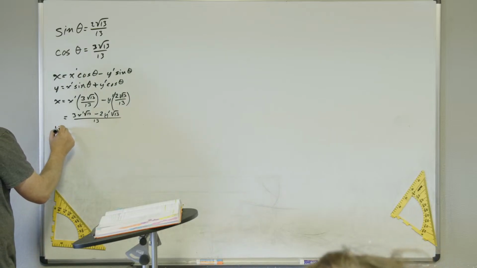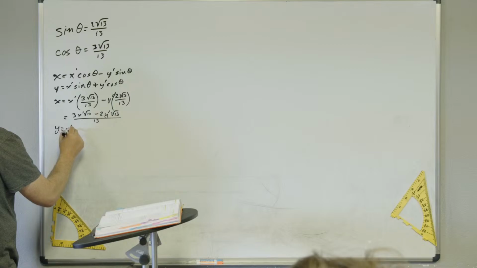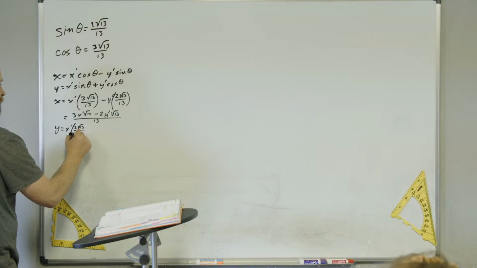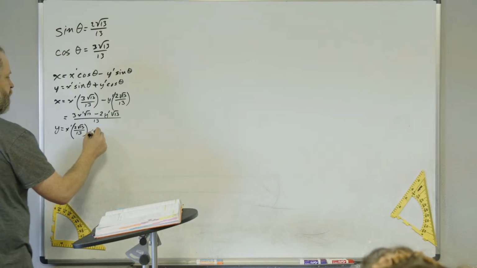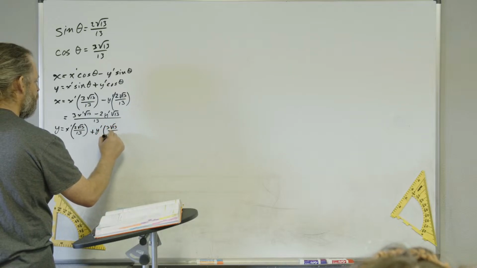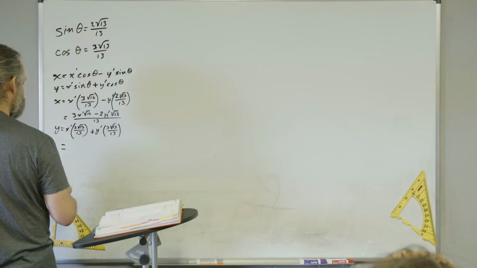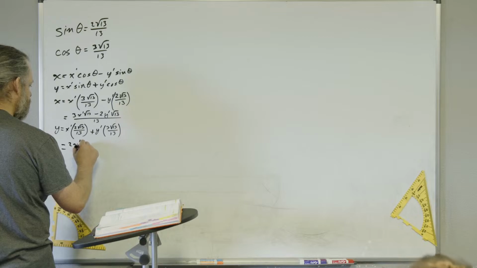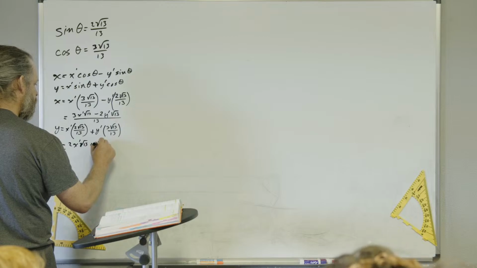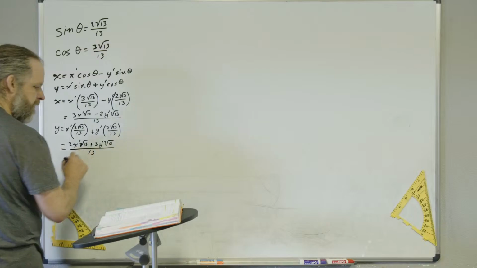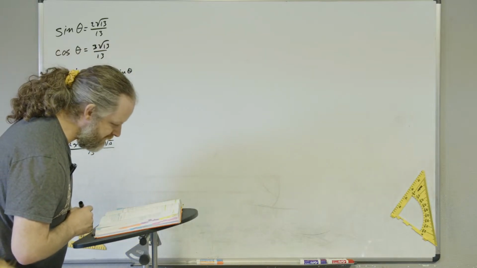And then y would be x prime times 2 times the square root of 13 over 13 plus y prime times 3 times the square root of 13 over 13. As a single fraction, that would be 2x prime square root of 13 plus 3y prime square root of 13 all over 13, which I think matches the book. Yes.